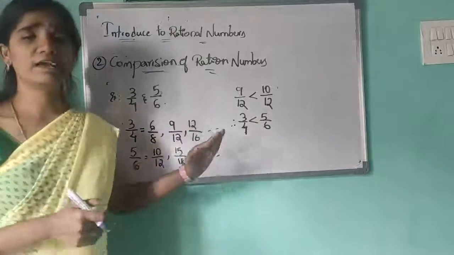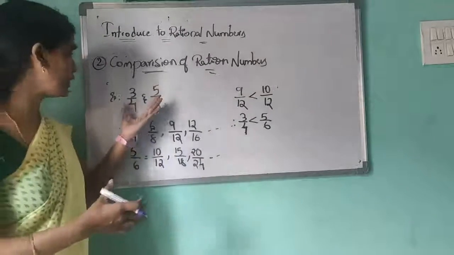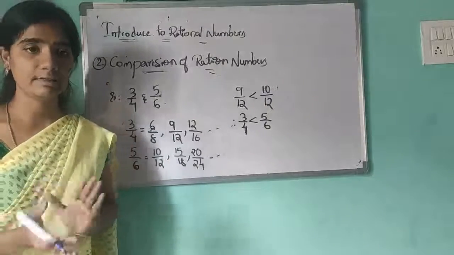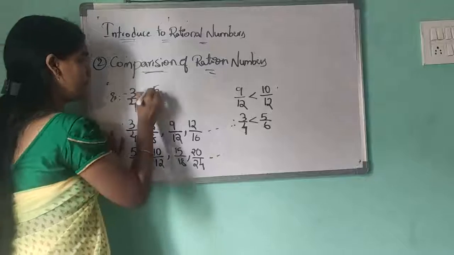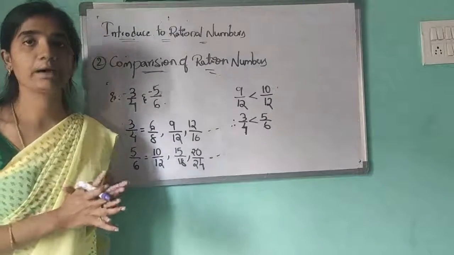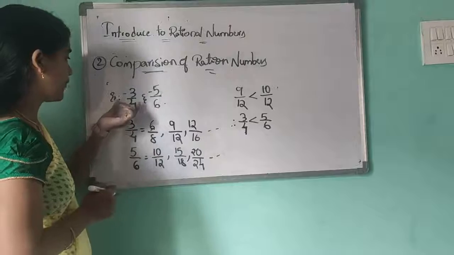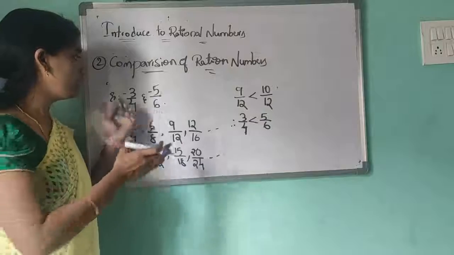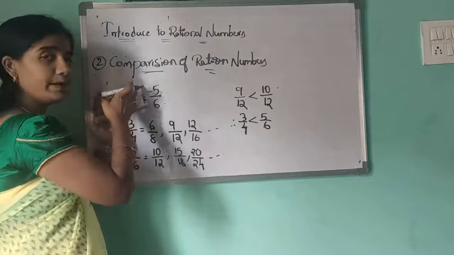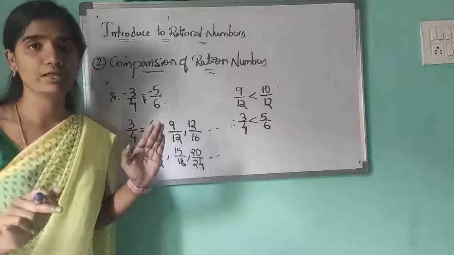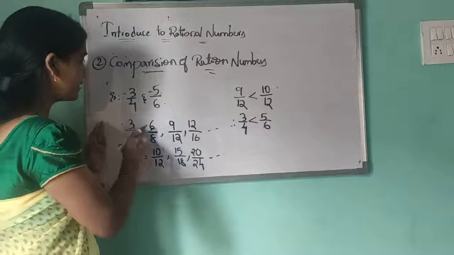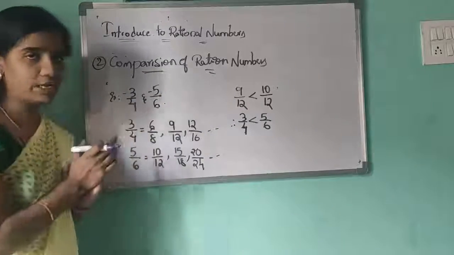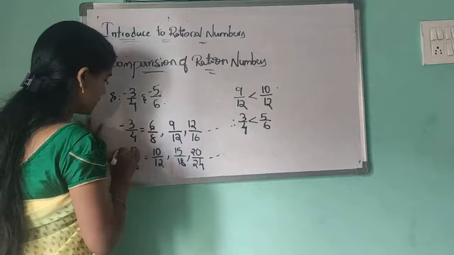This procedure is also the same for negative fractions. Here I am taking the same numbers, minus 3 by 4 and minus 5 by 6. The denominators are different, so we multiply the numerator and denominator by the same number to get equivalent fractions.